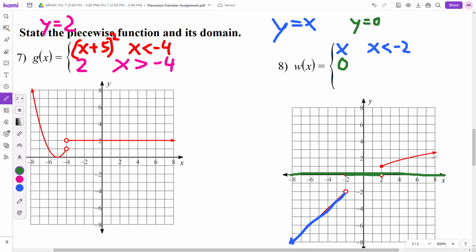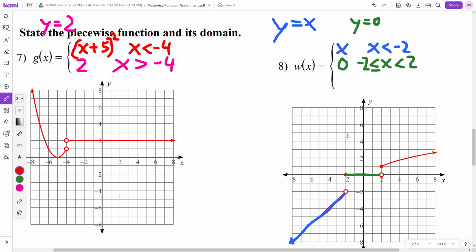It's not the whole thing. It's only between -2 and 2. So we put a restriction on the domain, and we have to use the intervals. So x is between -2 and 2. Just remember that the -2 here is included, so we need that line underneath the less than symbol. And that gives us that one.